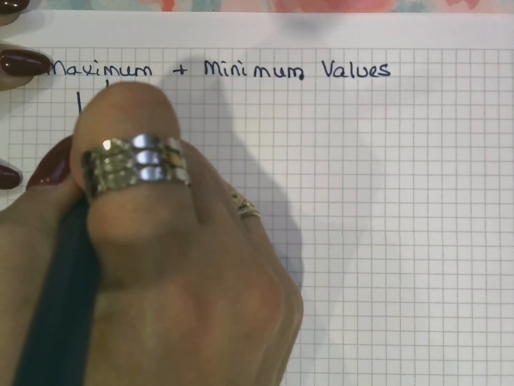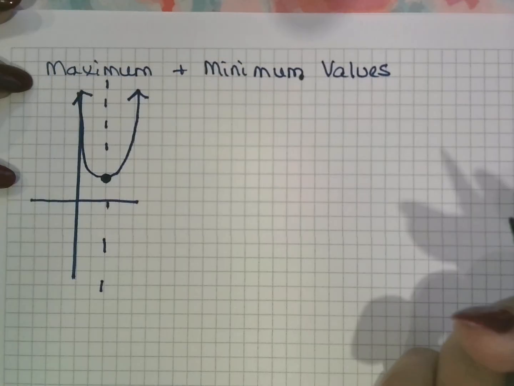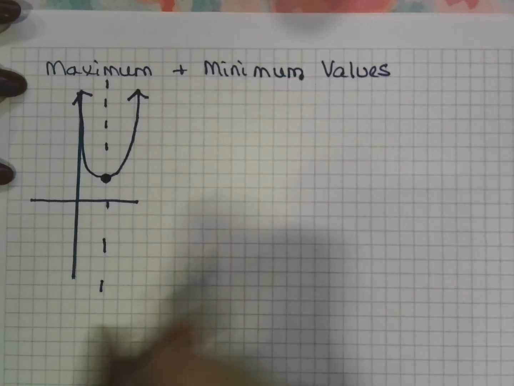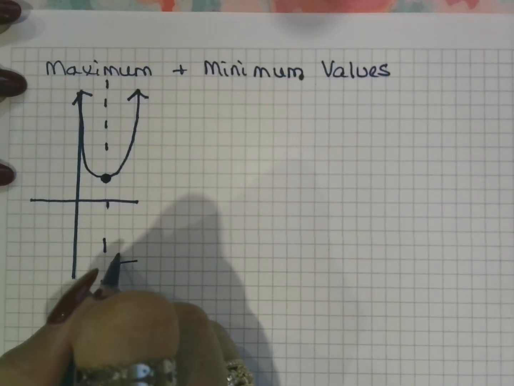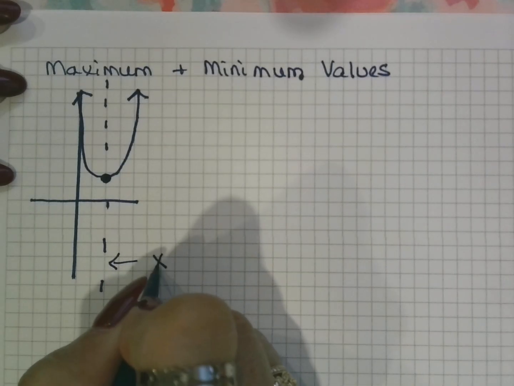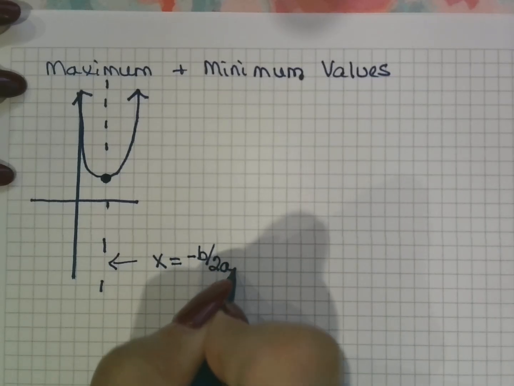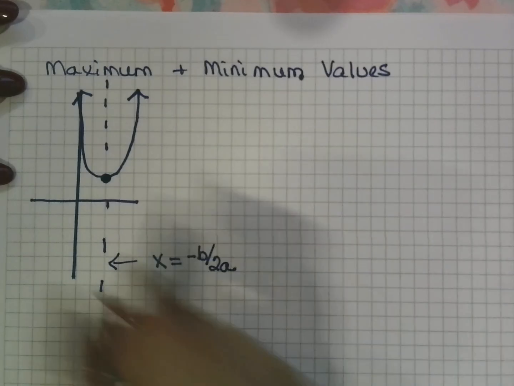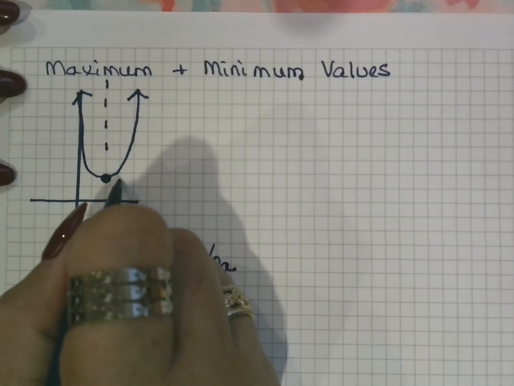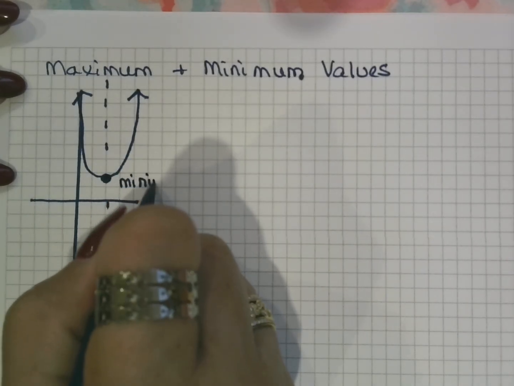And let's say this thing is opening up like that. Okay? This is going to be our axis of symmetry. So x equals -b over 2a. This point here is the minimum.